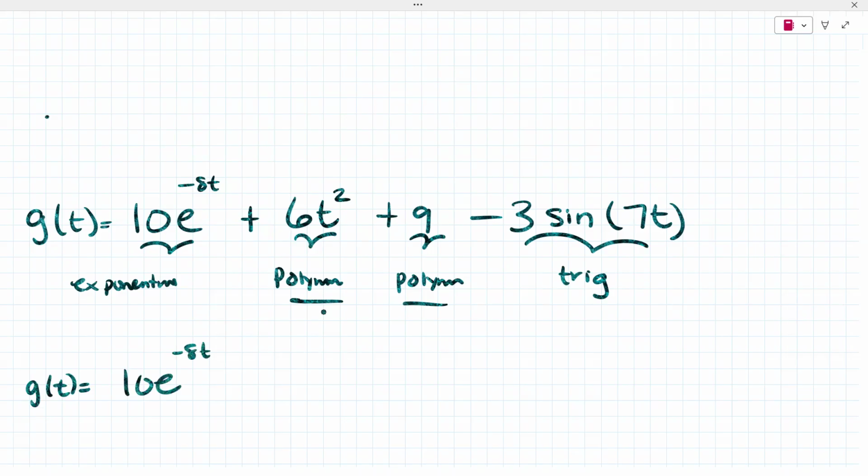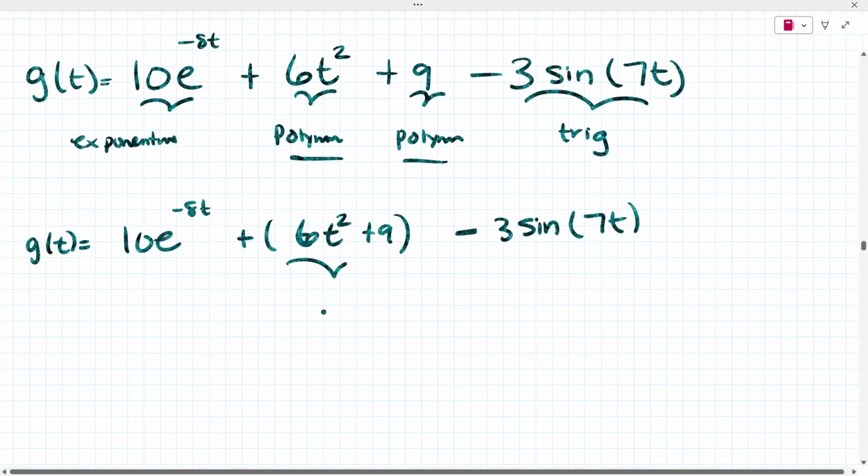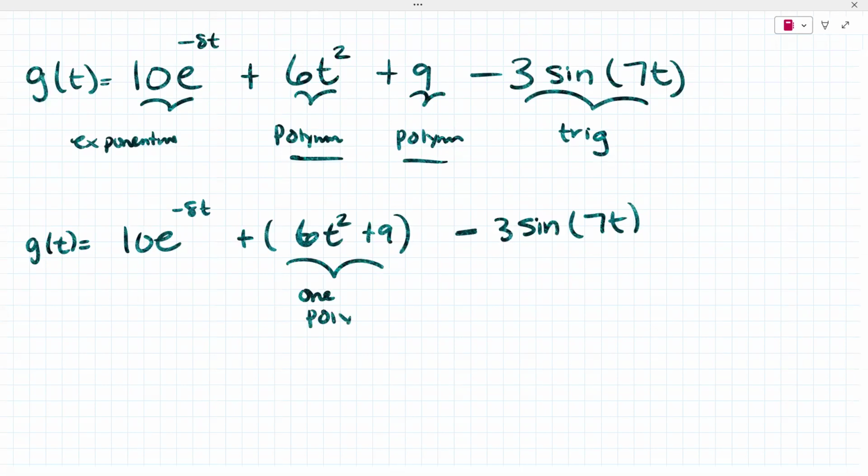And then I'm just going to combine these two polynomials, so it's going to be plus parentheses 6t squared plus 9, and then bring down your trig. So this is one polynomial, and then this is one sine function.